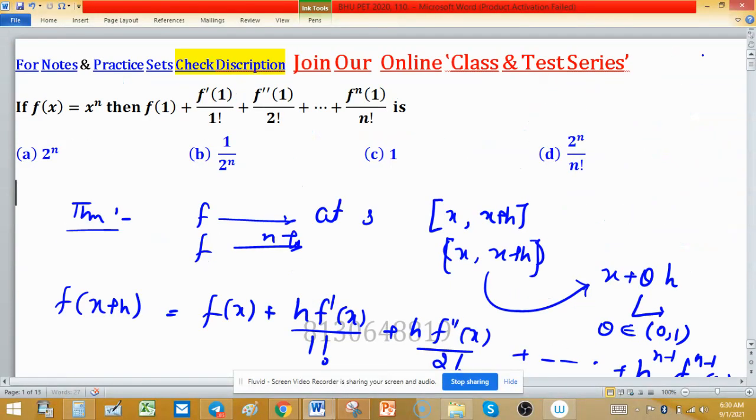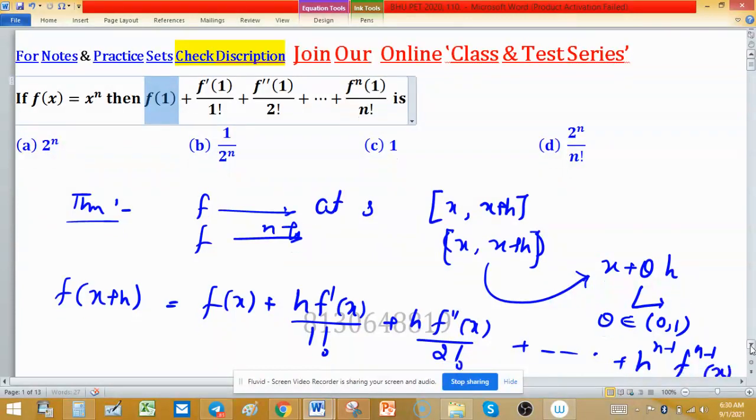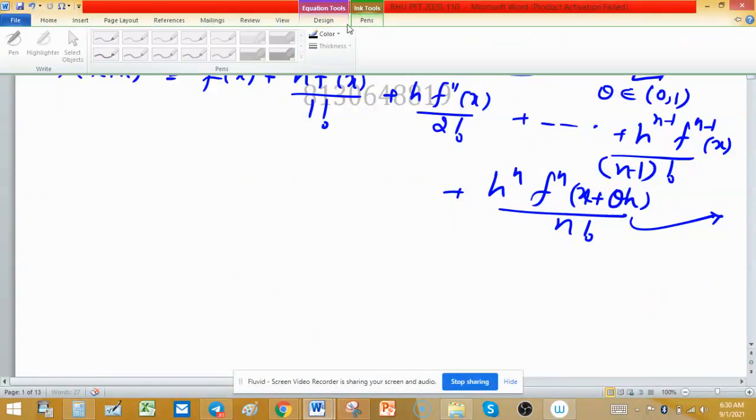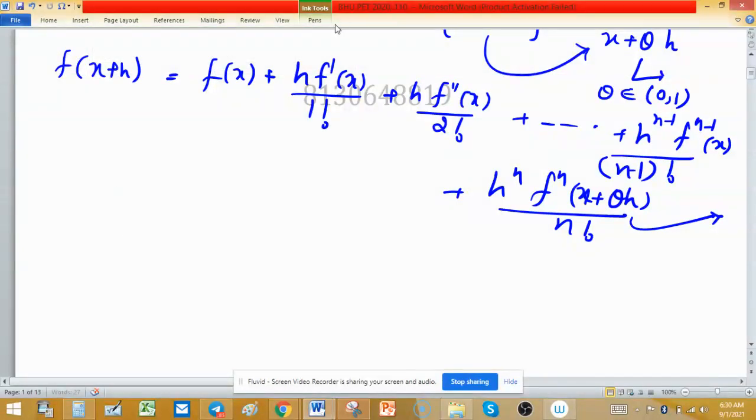So focus on the question. As you can see, f(1) equal to f'(1)/1!, f''(1)/2!, and f^(n)(1)/n!. Because f(1) is there, I can consider the domain of the interval as 1 to 1+h.